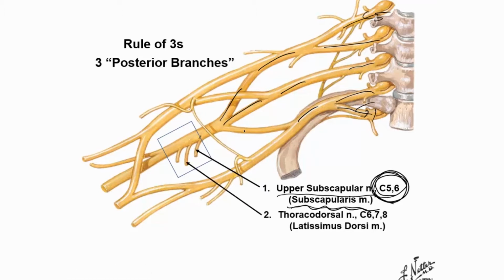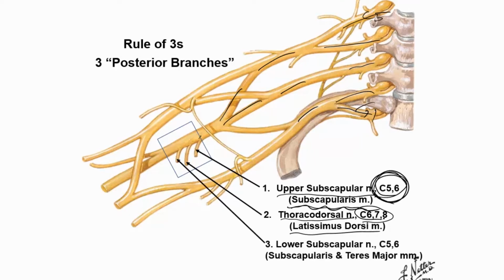The middle subscapular is more commonly called the thoracodorsal nerve. The thoracodorsal nerve goes to the latissimus dorsi on the back, and that particular nerve is comprised of fibers from spinal segments C6, C7, and C8. The lower subscapular nerve supplies subscapularis, again, that rotator cuff muscle, but it also supplies the teres major muscle.